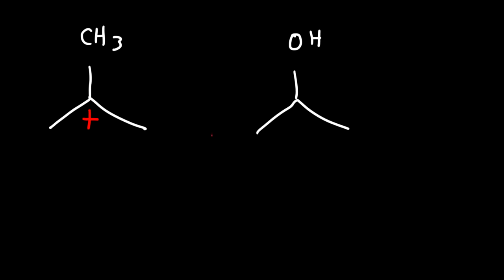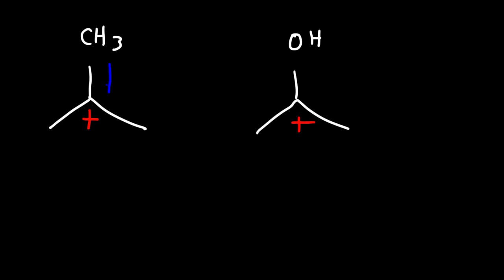Now, here's a question for you. Looking at these 2 structures, which one is more stable? So we're comparing a methyl group versus a hydroxyl group. Which group can better stabilize the positive charge? Well, let's find out.